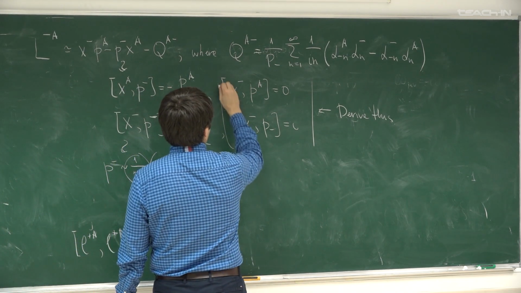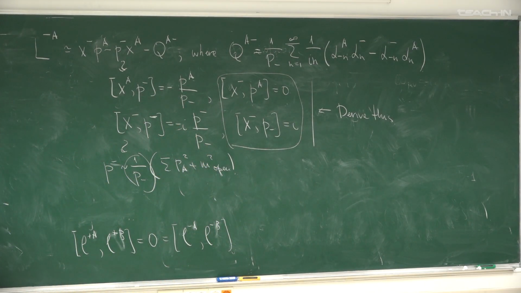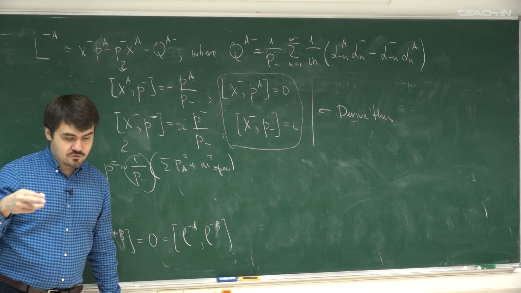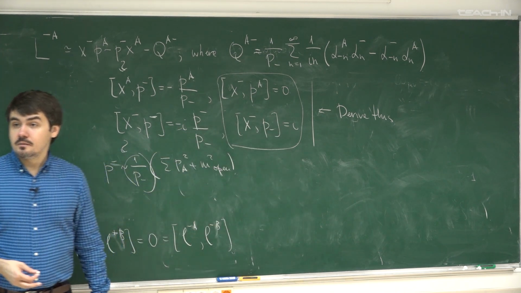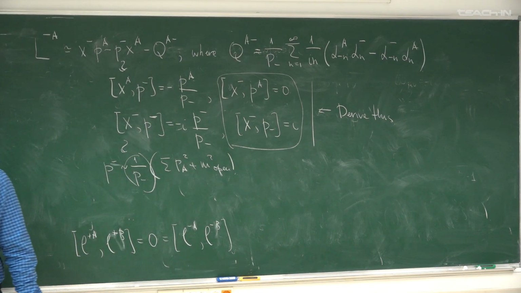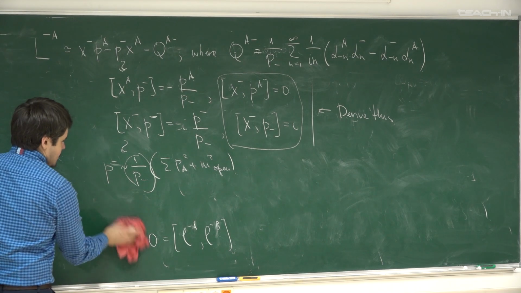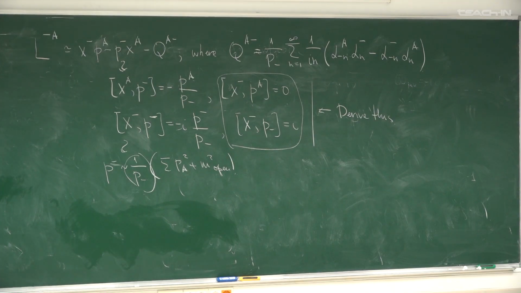These two just follow from the canonical commutation relations. This is just postulated when we quantize the system, that this x minus is the residual coordinate, and it has to commute with the other coordinates and the other momenta. So these you don't really have to derive, but you have to derive these ones. These two are derived from the explicit expression for p minus upstairs. Yes, there is a great deal of technicality in these calculations, but there is no way to go around it.